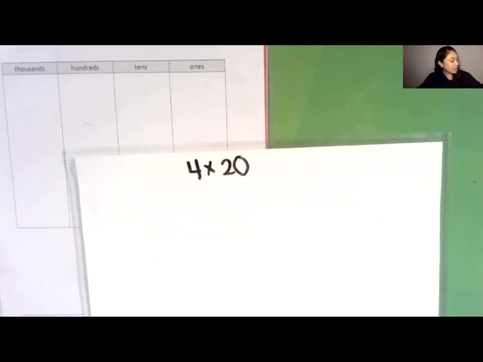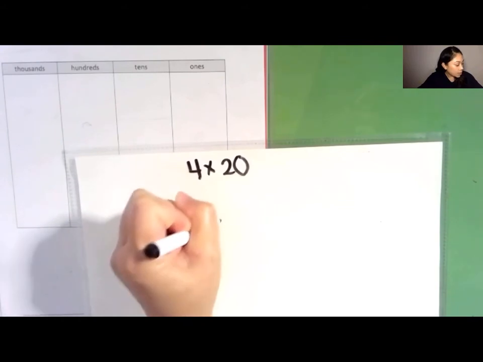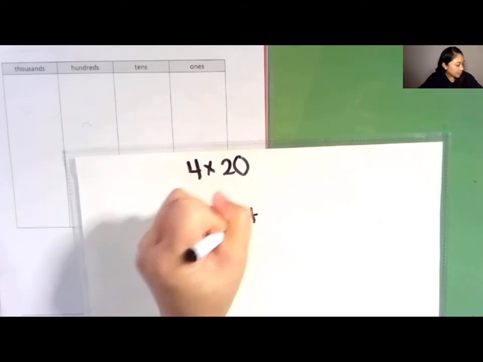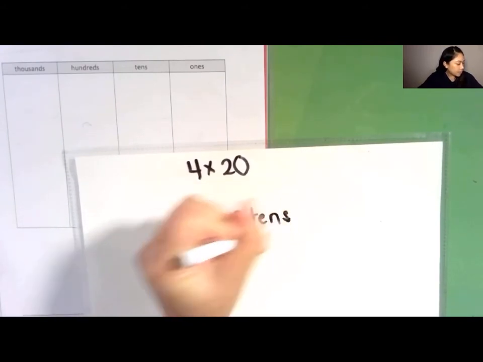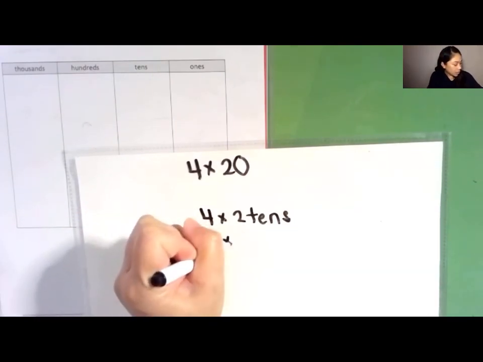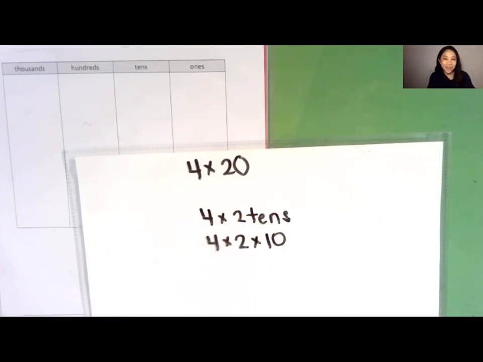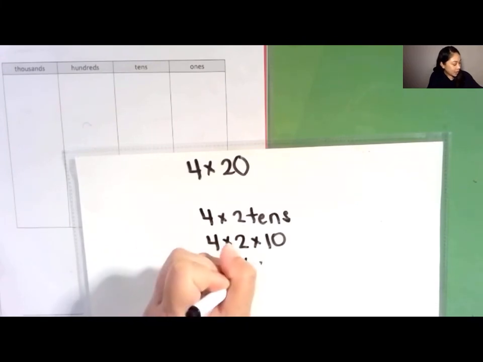I was thinking that we can express 4 times 20 as 4 times 2 tens. I also thought about 4 times 2 times 10. I also thought of 8 times 10.